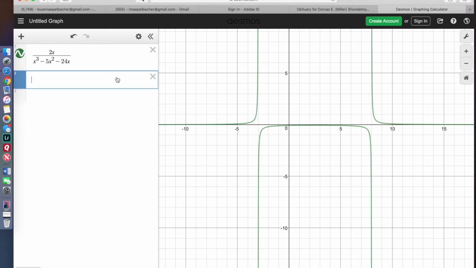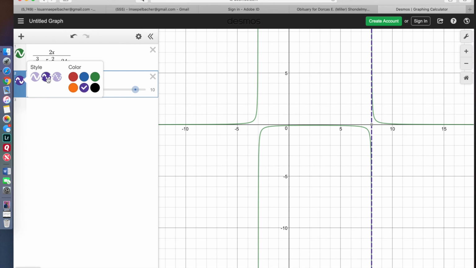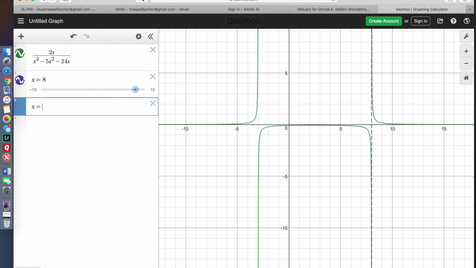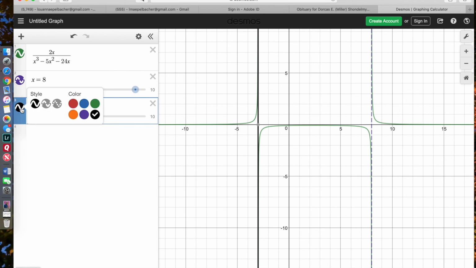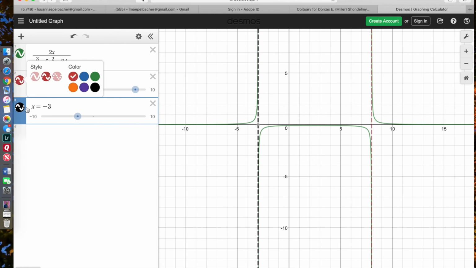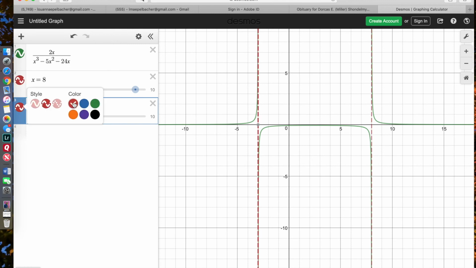And again, kind of like I did in a couple of problems ago, if you wanted to check your asymptotes just to see if they look about right, you can type them in and then change them to a dashed line. I like to make my asymptotes red. And so you can see here that those asymptotes are accurately placed at +8 and -3.